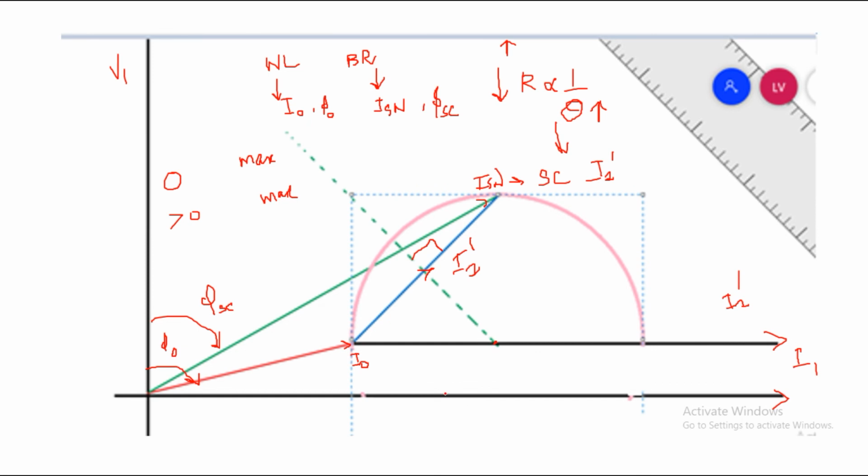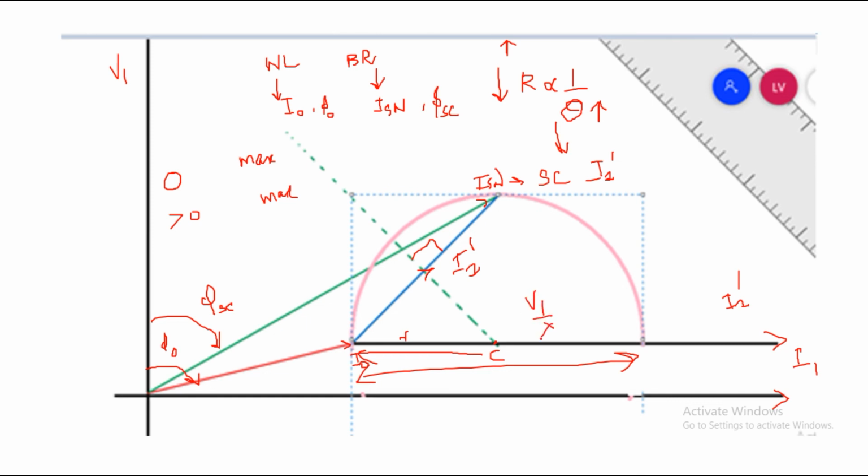Okay, so after taking the intersection of the perpendicular bisector on this I2 dash x-axis, and taking this as the center for the circle, with the tip of that I0 giving the radius, we are going to draw a circle, and this circle is going to have a diameter of V1 by x.